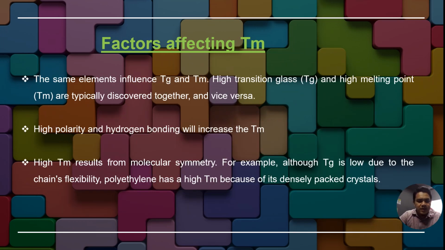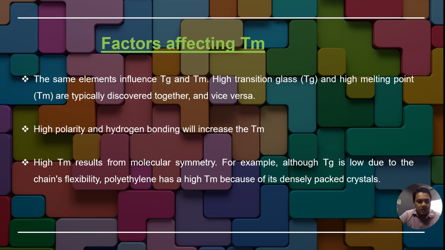Okay, last but not least, let's see the factors affecting the melting transition. There are three factors that will affect the melting transition. Factor number one is that the same elements influence glass transition and melting transition. A high glass transition and a high melting point are typically discovered together and vice versa. Factor number two is that high polarity and hydrogen bonding will increase the melting point.